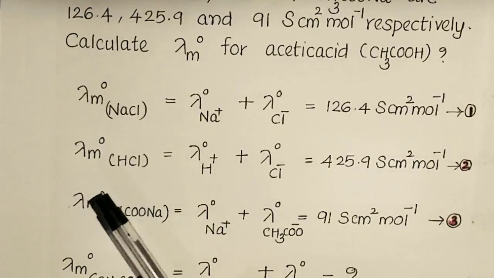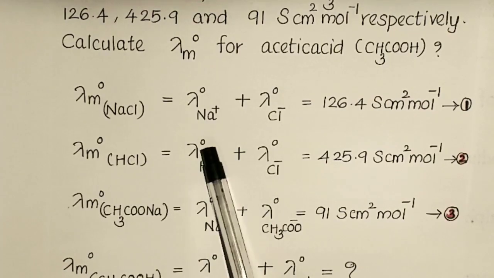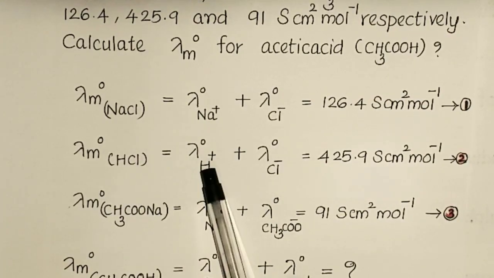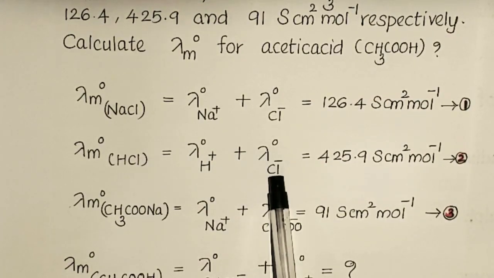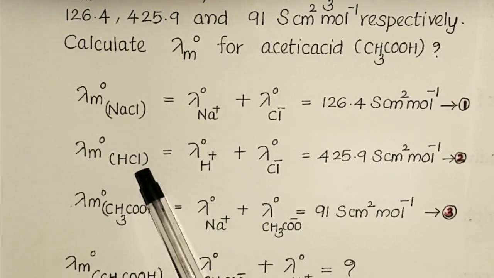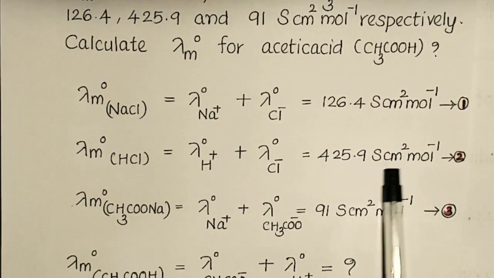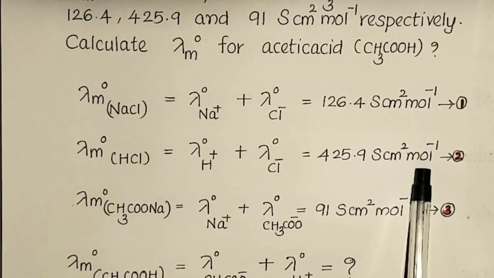Then lambda m0 for HCl, by Kohlrausch's law, is lambda 0 of H+ plus lambda 0 of Cl-, because the ions are H+ and Cl-, which is given as 425.9 Siemens centimeter square mole inverse.